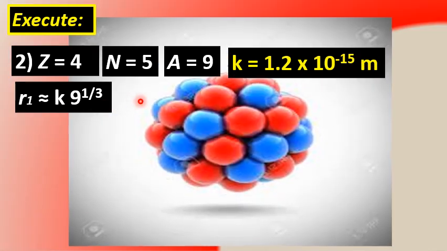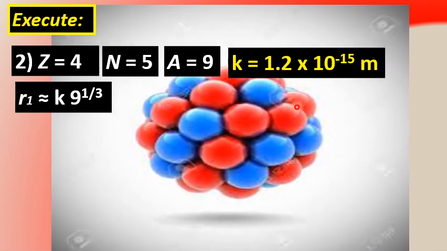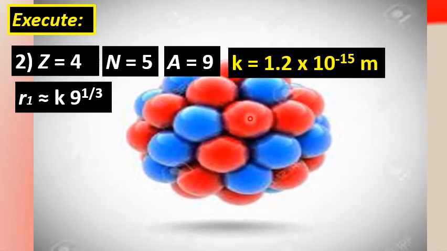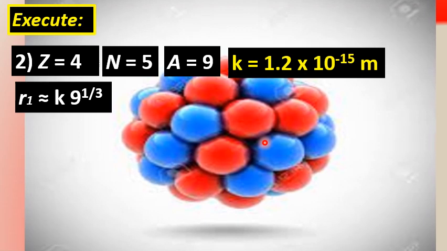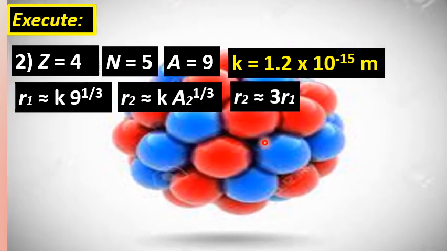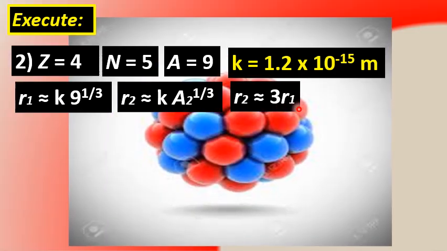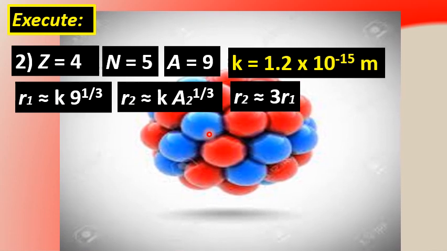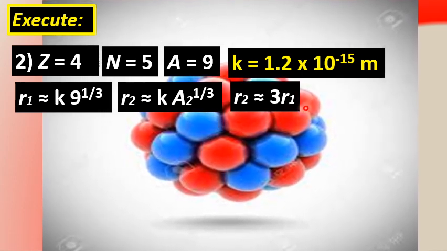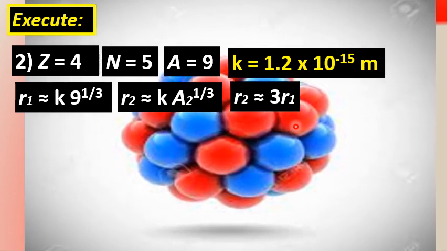Alright? So our target variable is to determine the mass number of an unknown nucleus, whose nuclear radius R2, according to the question, must be 3 times as large as R1, or 3 times the nuclear radius of this isotope of beryllium.